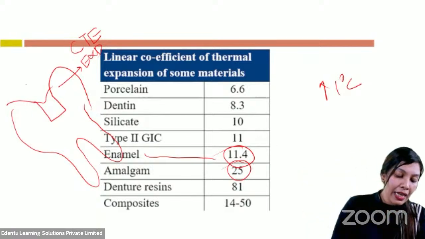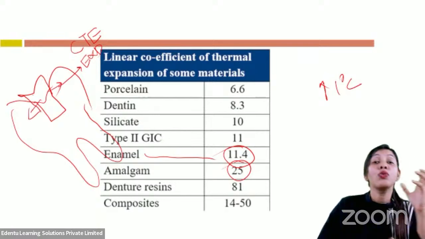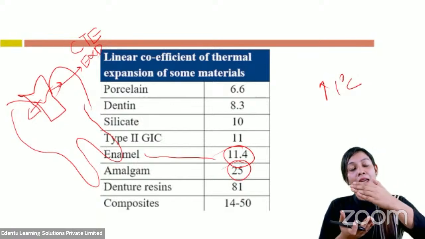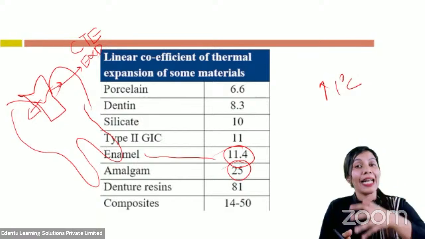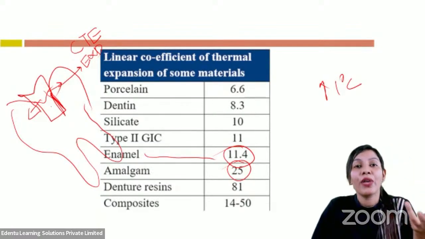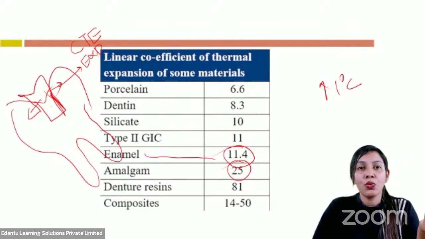It creates more force on the tooth, leading to fracture. Or certain materials have a lower thermal expansion, so spaces will be created, which cause secondary caries, fracture of the tooth, etc. These are the after effects seen if we mismatch the linear coefficient of thermal expansion, right?